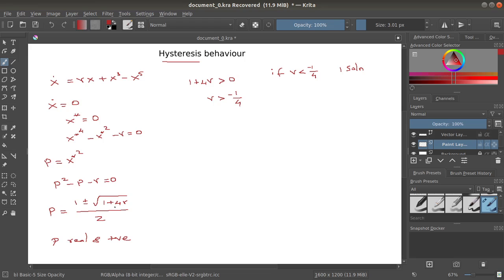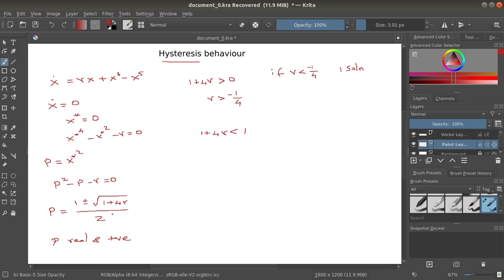So what is the condition in order to have a positive value? 1 plus 4r has to be less than 1. Only then will I have two roots where both roots are positive.